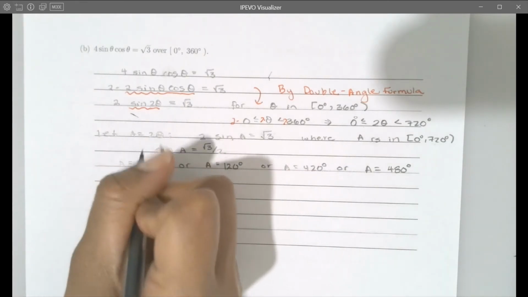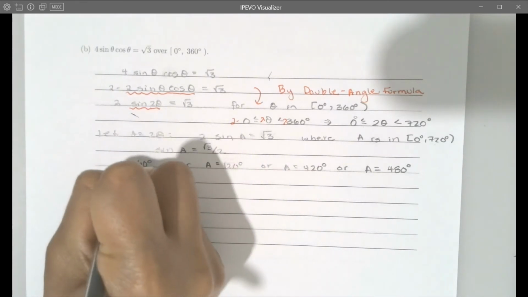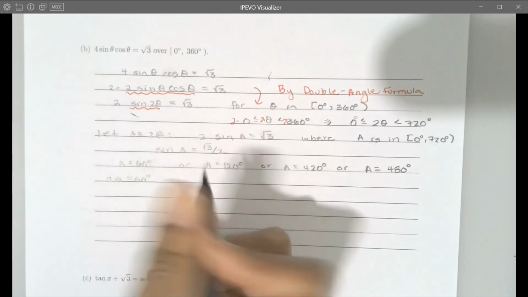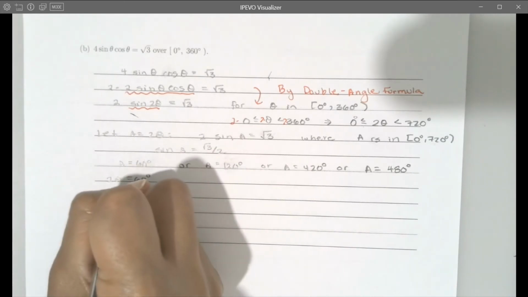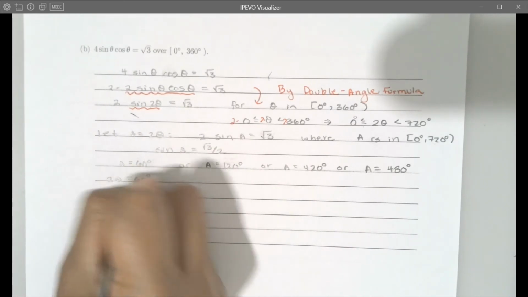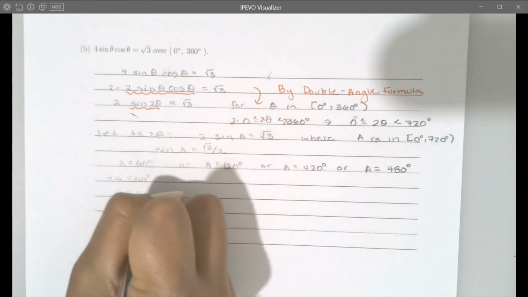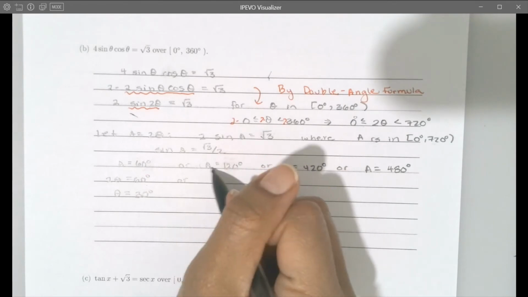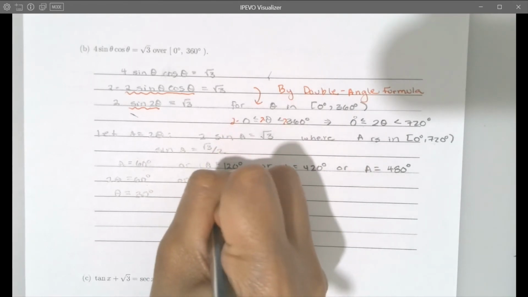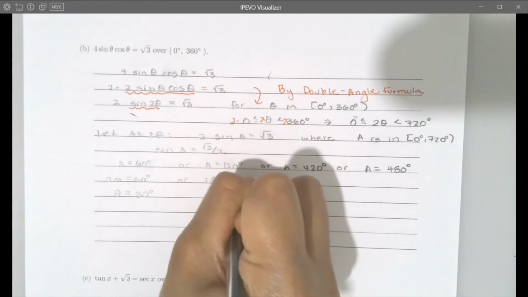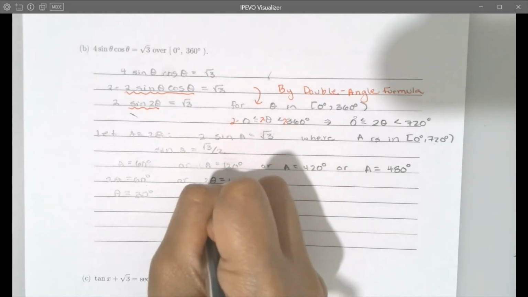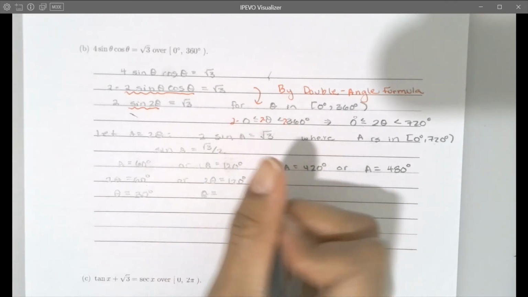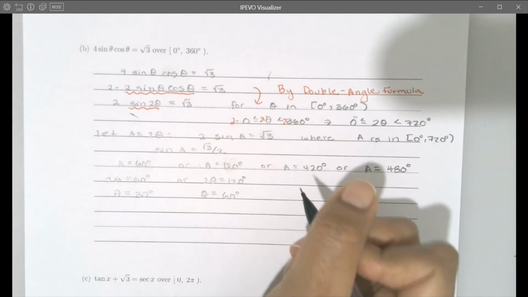Now we can bring back the original variable theta. I'm letting 2 theta be 60, so I'm replacing back, and if I solve for theta, that means dividing both sides by 2, and we'll get theta equals 30. Or, if we focus on the second equation, 2 theta is 120, and if we divide both sides by 2, we're going to get that theta is 60.